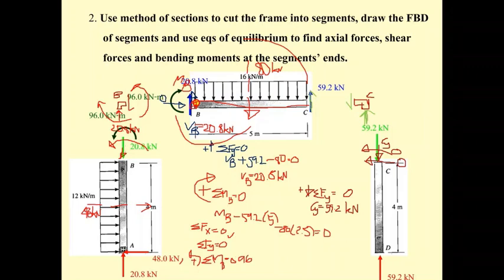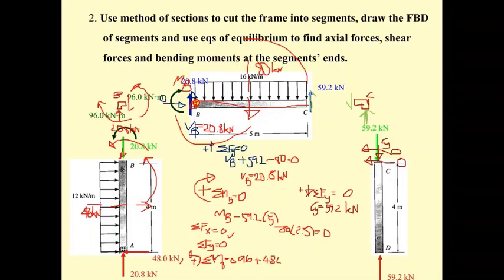And if you do this, you have this one going to rotate in the same manner as this green moment. So it's going to be 48 times 2. This is plus, 48 times 2.